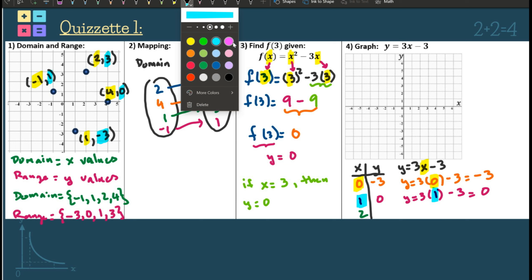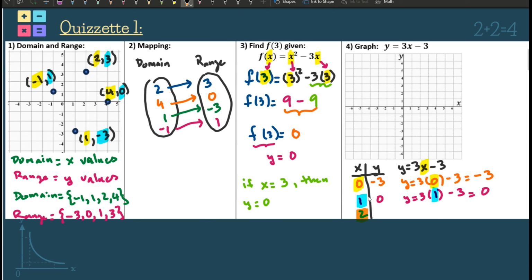Next, when x is 2, we plug it in: y equals 3 times 2 minus 3. 3 times 2 is 6, minus 3 is 3. So when x is 2, the corresponding y value is 3.